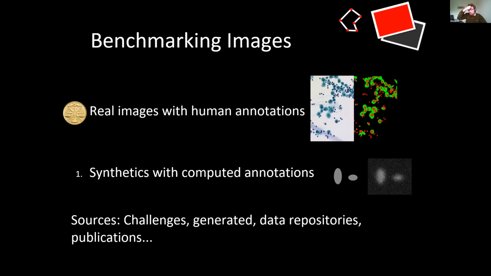Of course, the gold standard is the real images with the human annotations. So currently, the images we have are coming from challenges that made their images public. Some of them are generated, and they are also coming from data repositories or publications.